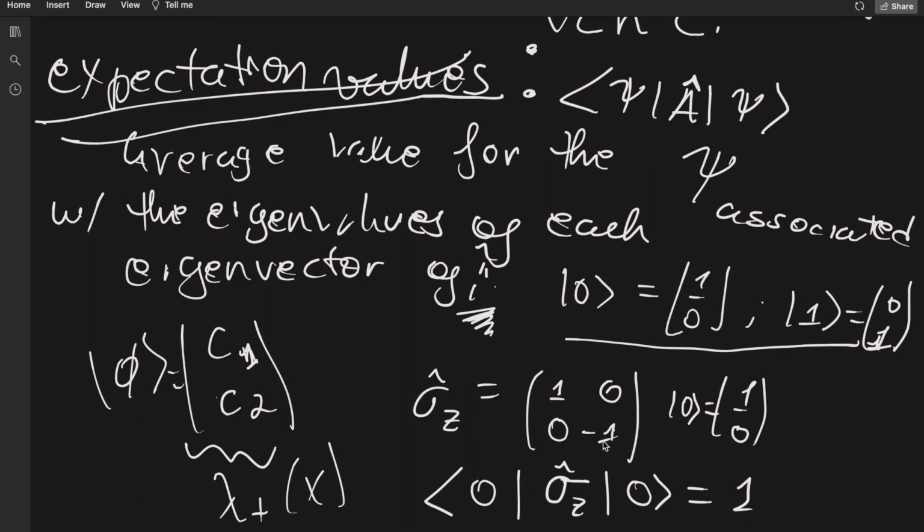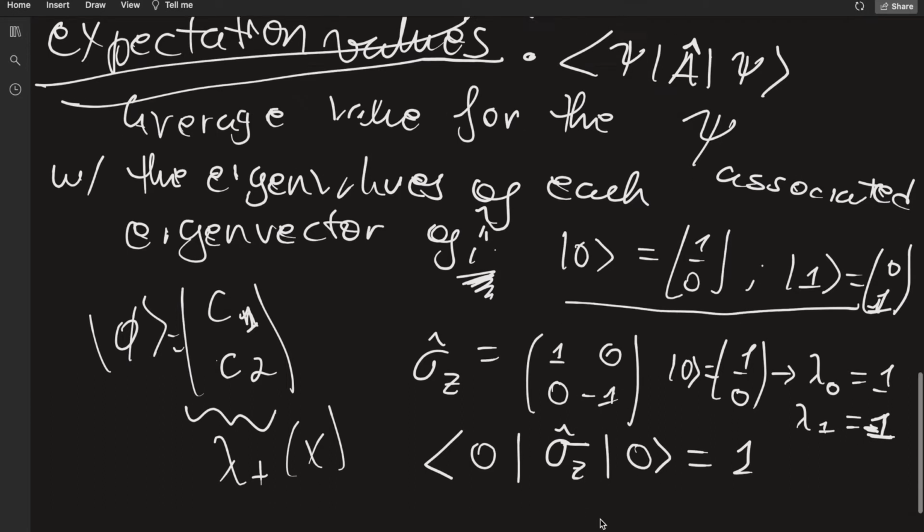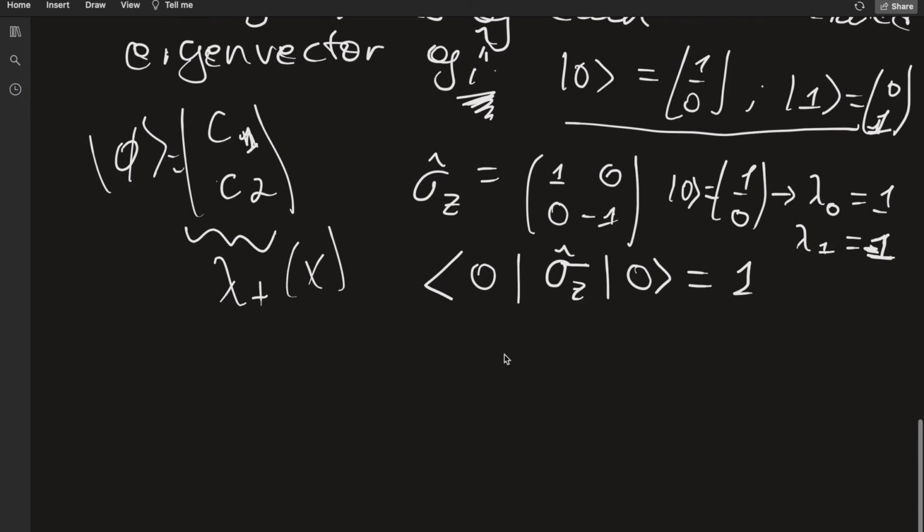So for those who know linear algebra, the eigenvalue of this is just going to be 1, and for the other state, the eigenvalue is going to be -1. So this is the expectation value that the eigenvector should give. It should be the eigenvalue itself.